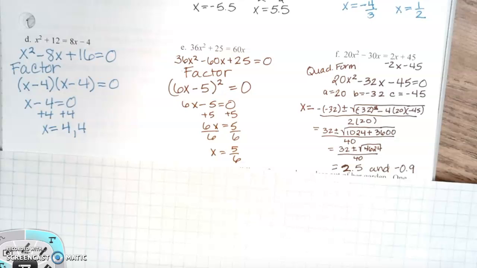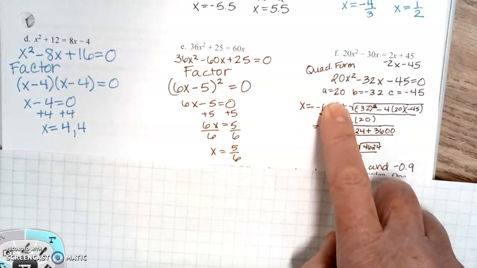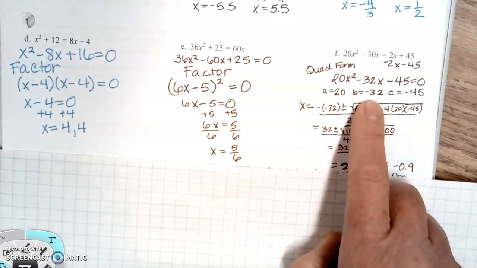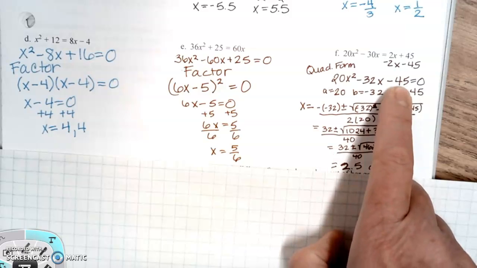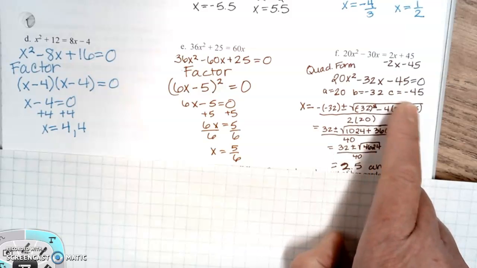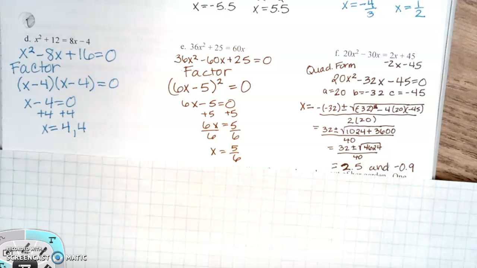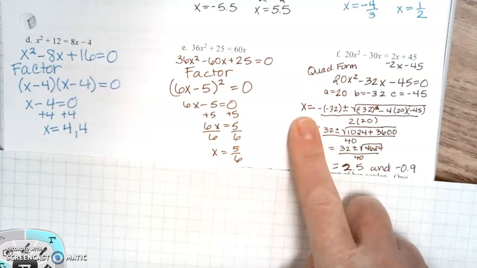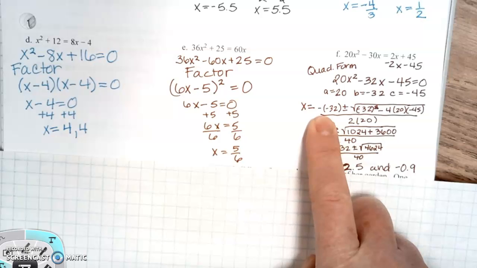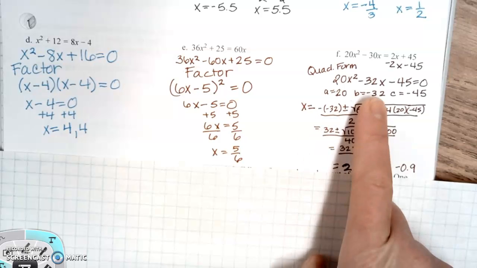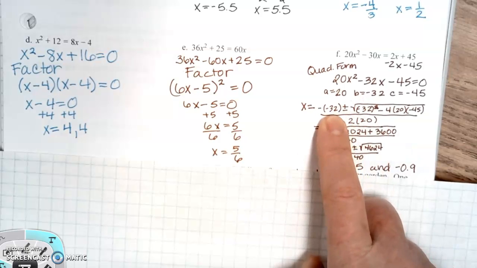Quadratic formula we learned yesterday. You're going to take the coefficient of the x squared, that becomes your a. The coefficient of the x, that becomes your b. And the constant term, which is negative 45, becomes your c. You're going to take those three numbers and you're going to plug them into the formula, which is x equals negative b. b is negative 32, gets plugged in there.